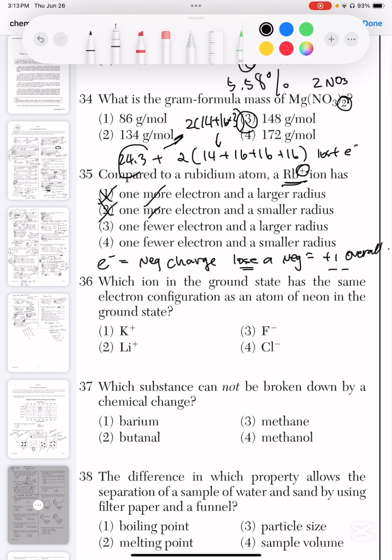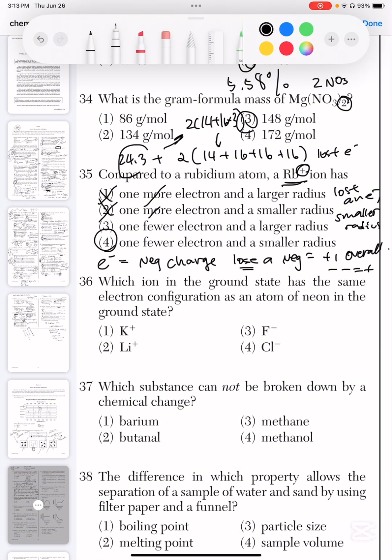So it has 1 fewer electron, and since it lost an electron, it now has a smaller radius.